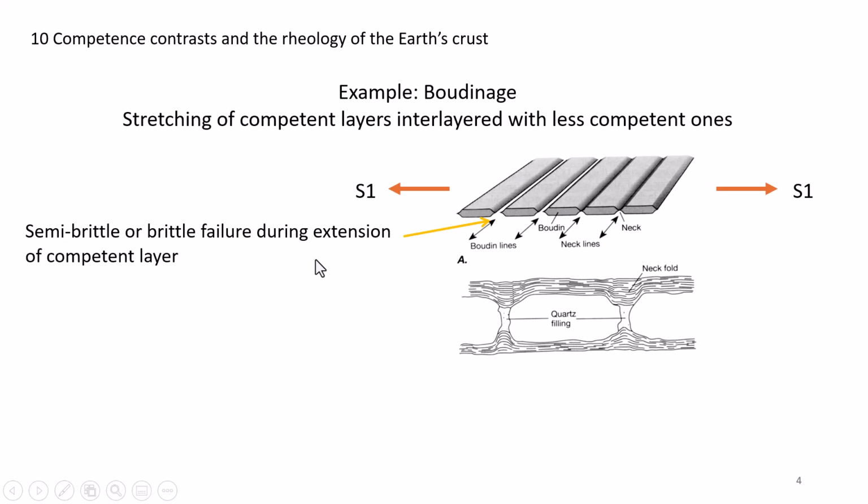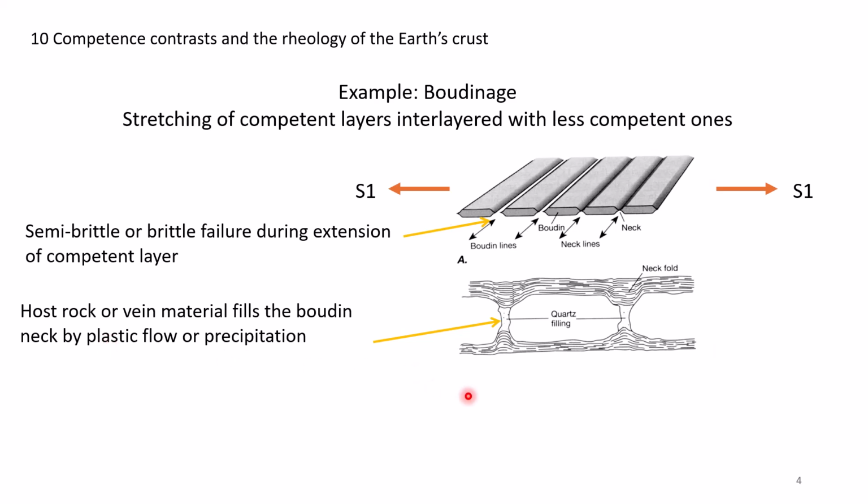So during that process of boudinage, we see that a competent layer undergoes brittle or semi-brittle failure during the lateral extension. The less competent layer on top and underneath, not shown here in this example, would undergo uniform plastic failure without a brittle component and without forming the boudins that we see here.